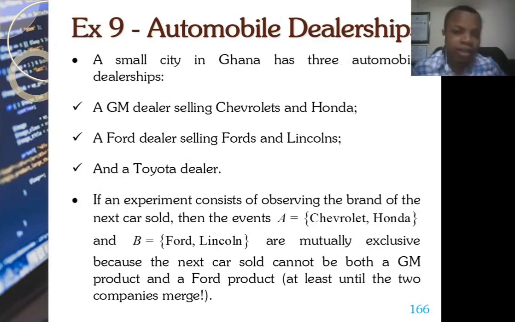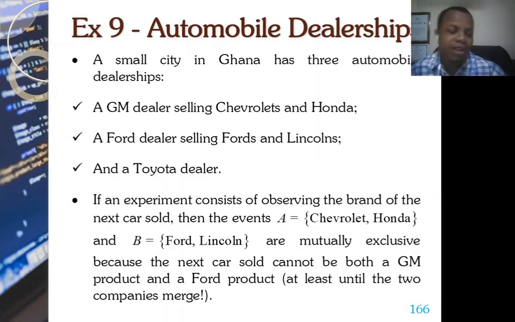So let's take a look at this example, which involves the automobile industry. Suppose there is a city in Ghana which has 3 automobile dealerships. For instance, let's use Accra or Kumasi, where we have these automobile dealerships.